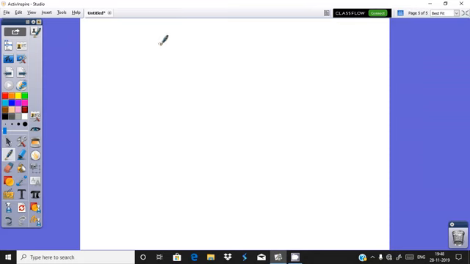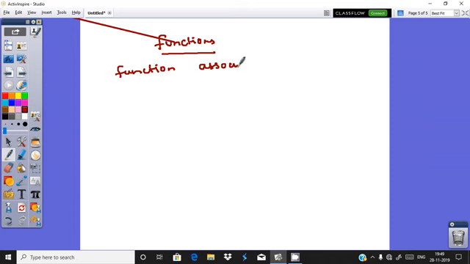So we'll be discussing functions. A function associates an input value to a unique output value.